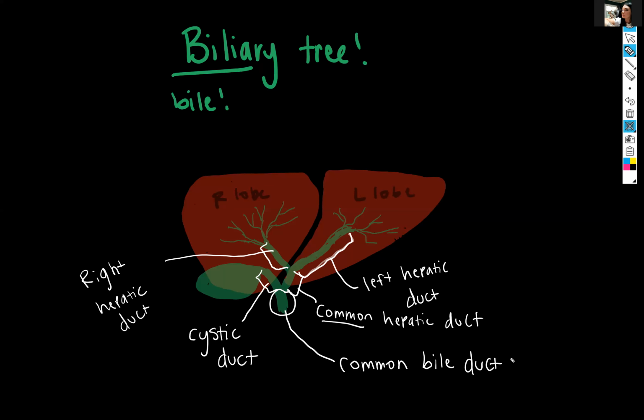So you got to pay attention to where the tube is starting and ending to get this right. And you got to be careful of the commons because these are the two that students most frequently mix up. So just because they both start with common doesn't mean they're the same thing. So common hepatic duct includes all the ducts that come from the liver.